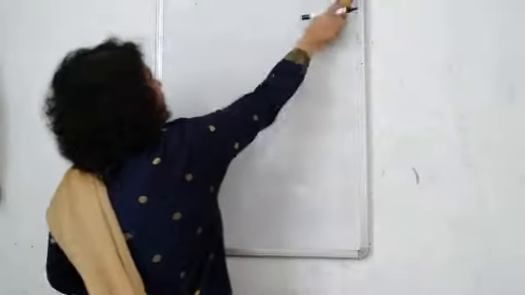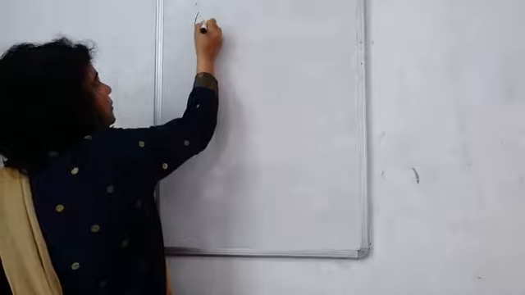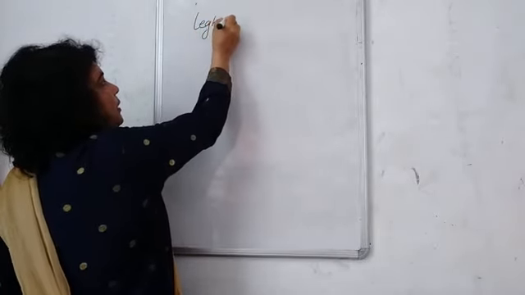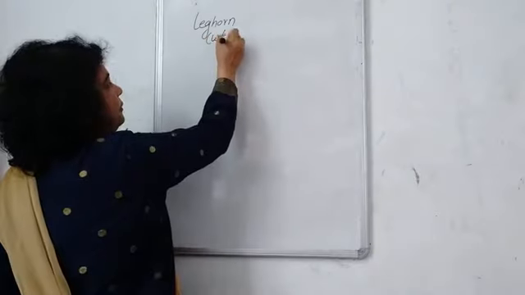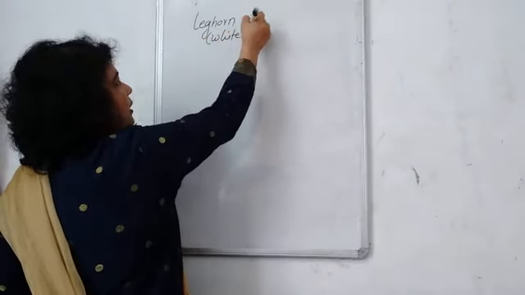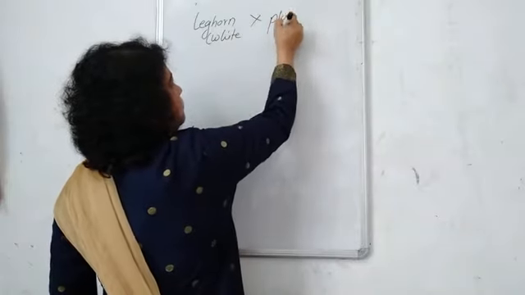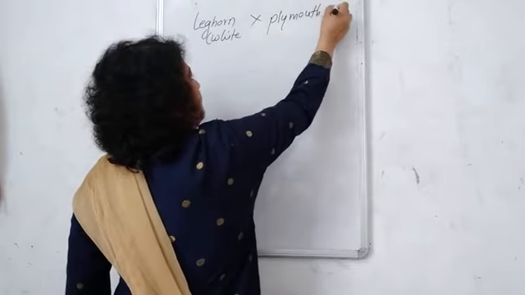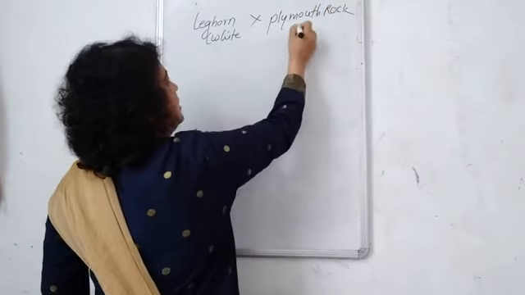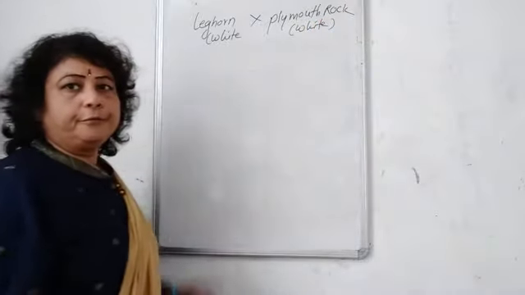I will draw it again. Leghorn, which is white, is crossed with the Plymouth Rock, which is also white.